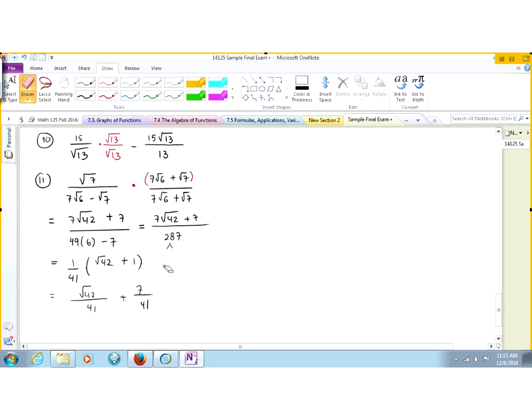No. You mean like in this form? No, you don't. Yes. You mean this one, right? With the 287? No, because you could reduce. So you have to reduce it either to this or to this.